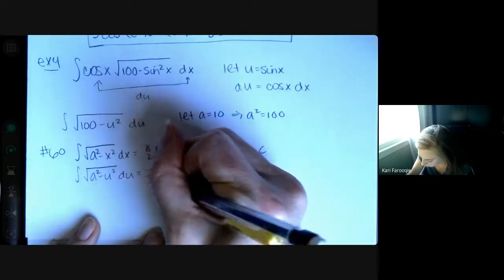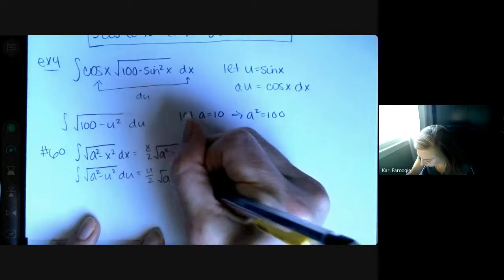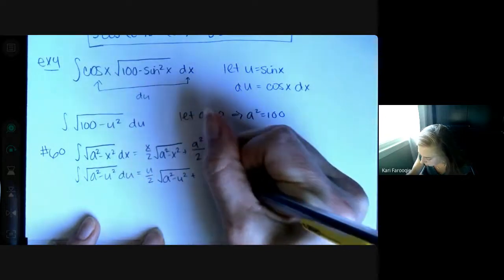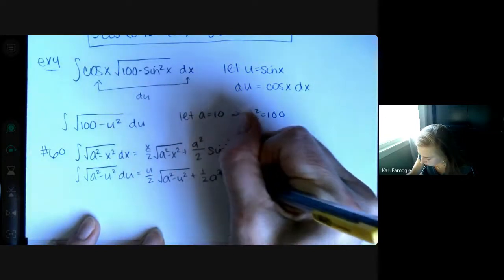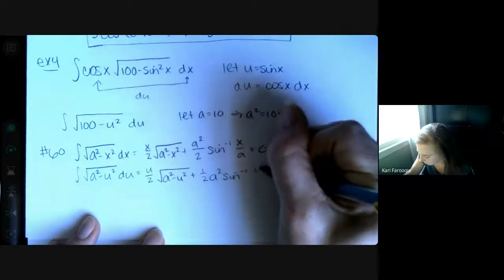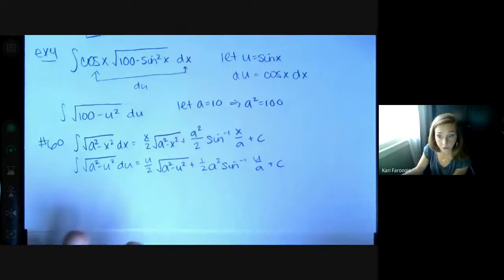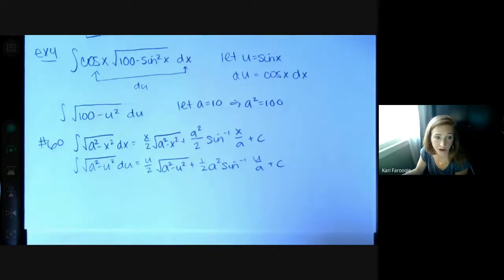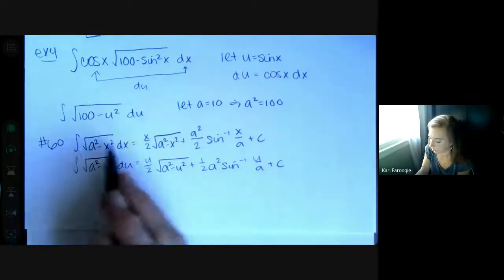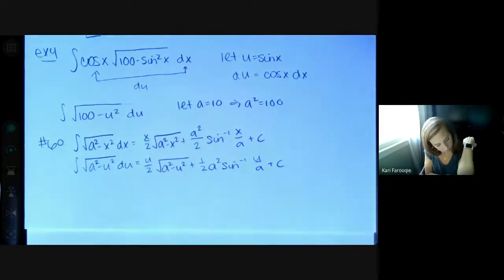So we'll have u over 2 times the square root of a squared minus u squared plus, I'm going to write this as 1/2 a squared inverse sine u over a plus c. And then we'll know we have to back substitute and we won't forget to do that. That's what I hate about them leaving these as x's. Students forget to back substitute.